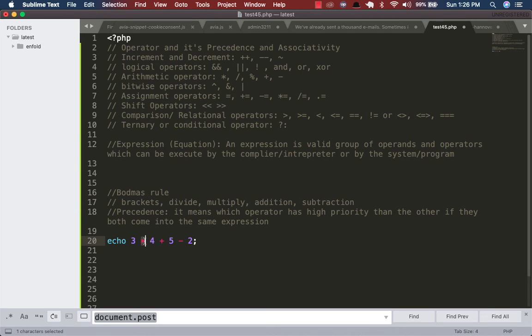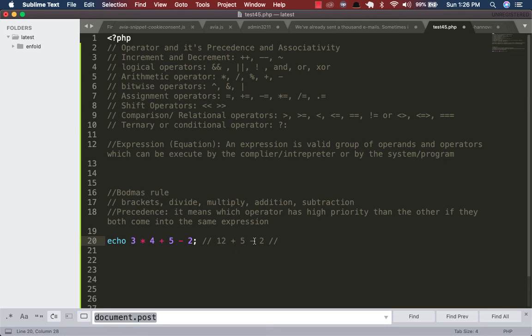So first this one will execute. So 3 into 4 equal to 12. Okay, now the expression becomes like this. Again the Bodmas rule will apply. Now which has the higher precedence?